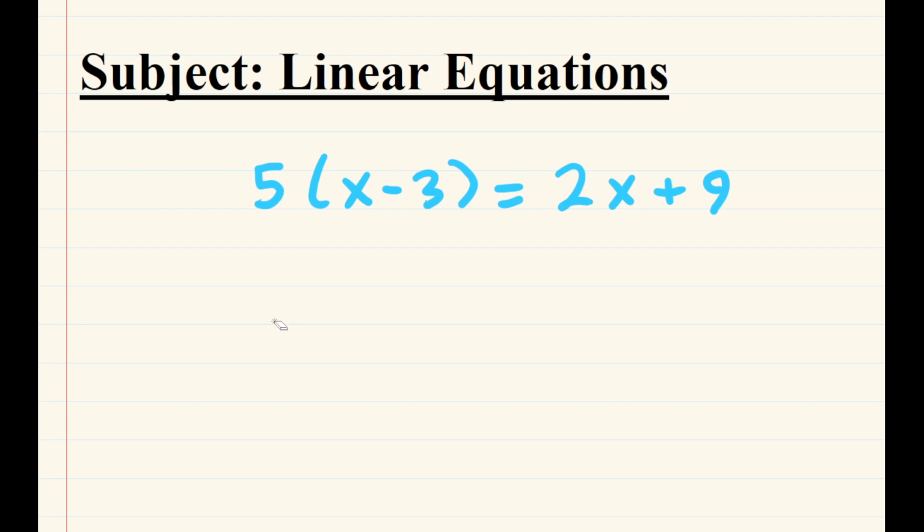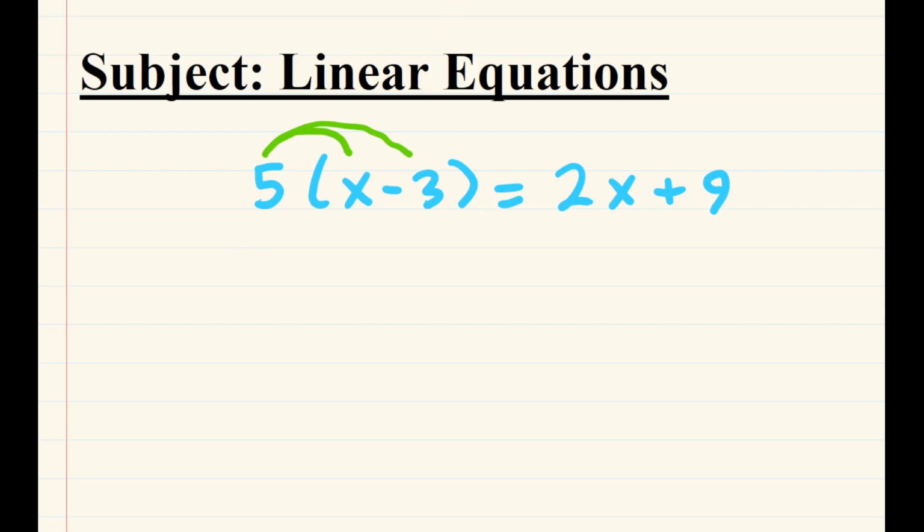There are a few ways we can do this, but one thing you might notice here is that we have 5 outside of the parentheses. And if you've seen my video on the properties of numbers, then you might recognize the distributive property. So we can actually distribute this 5 to each term: 5 times x and 5 times -3. So what's 5 times x?